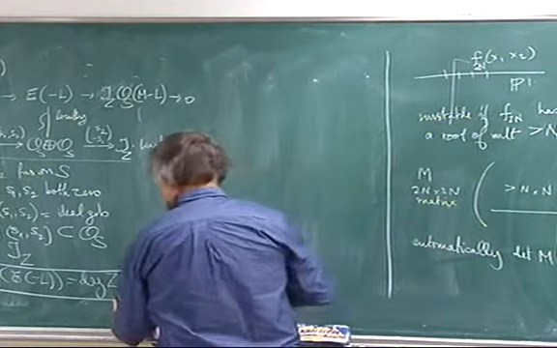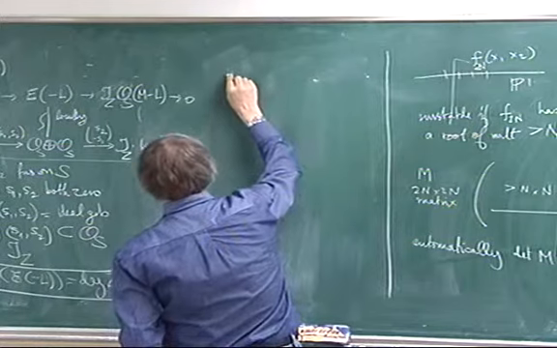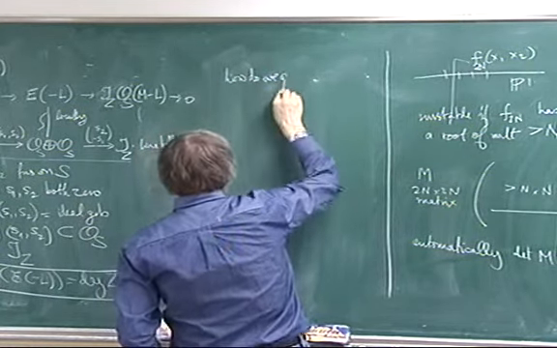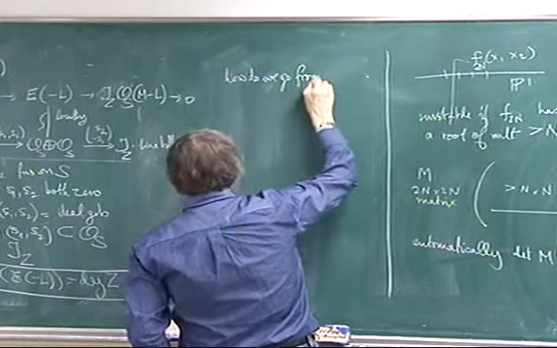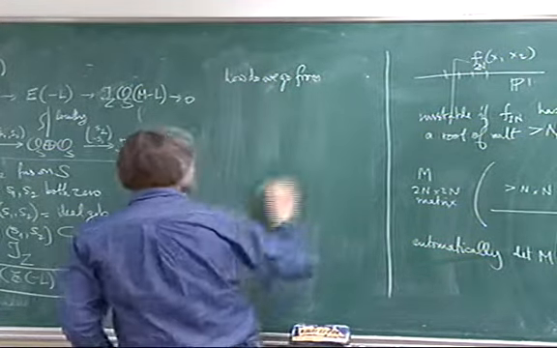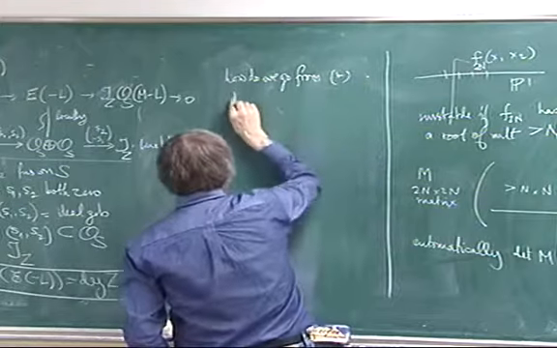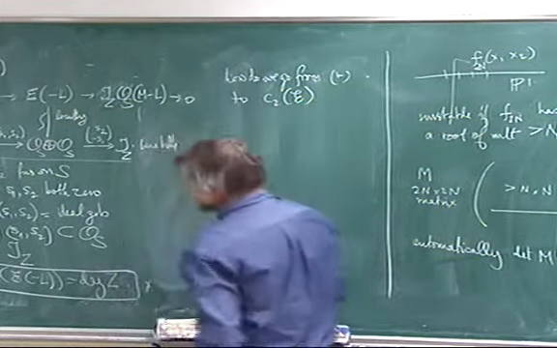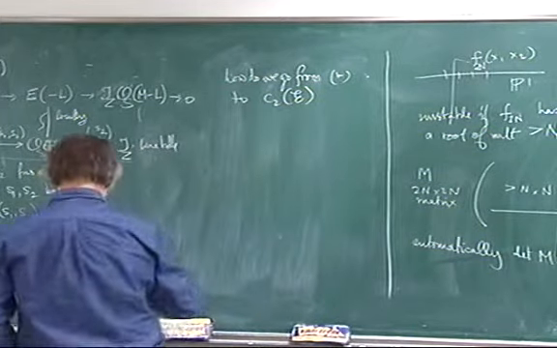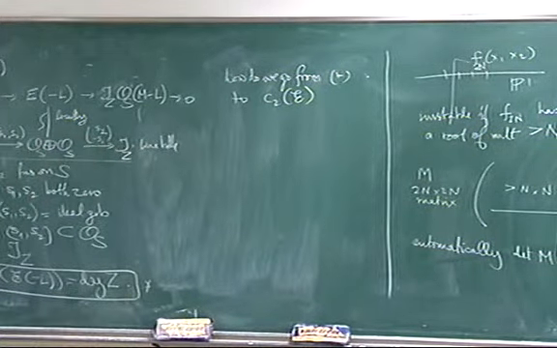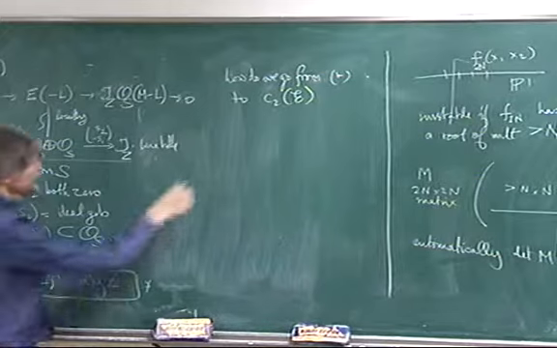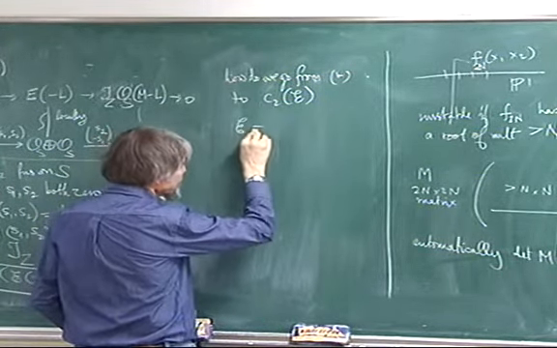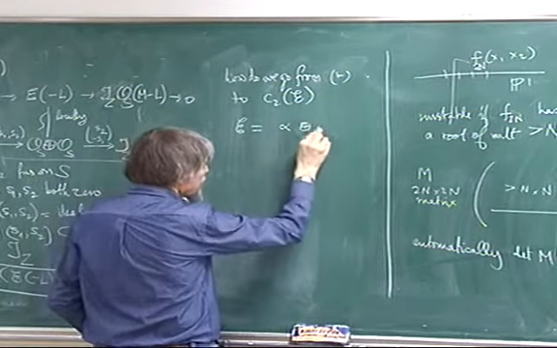So, assuming we know this, how do we go from this thing here to C2 of E? As I explained, we think of E as being alpha plus beta.